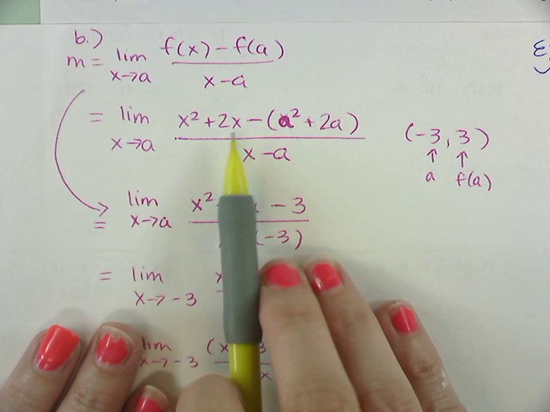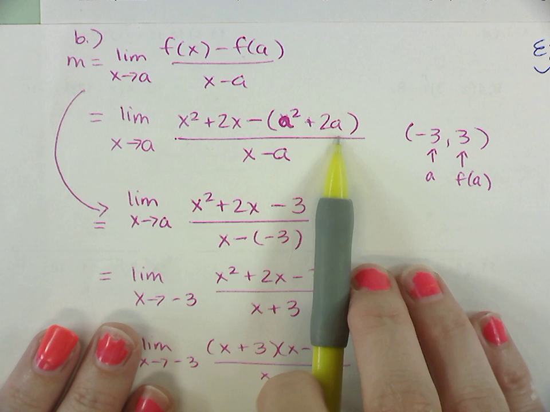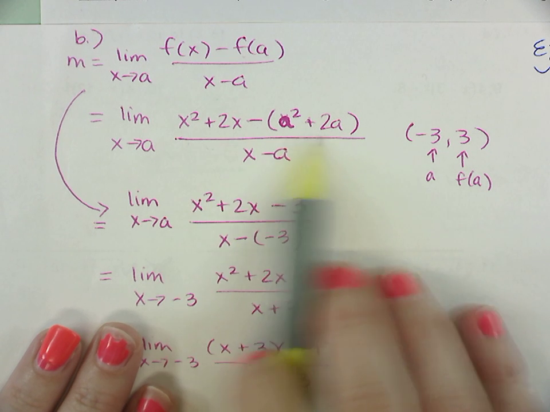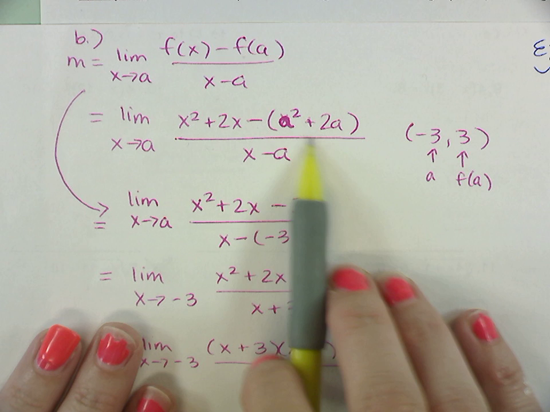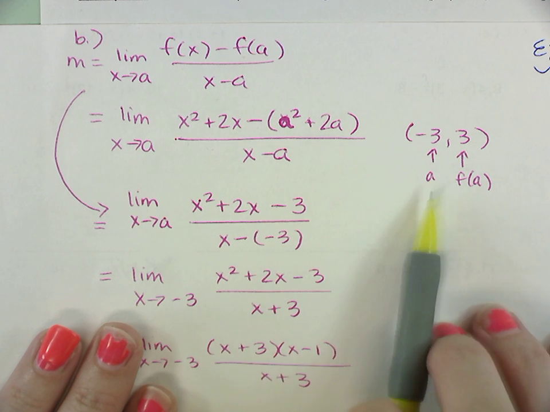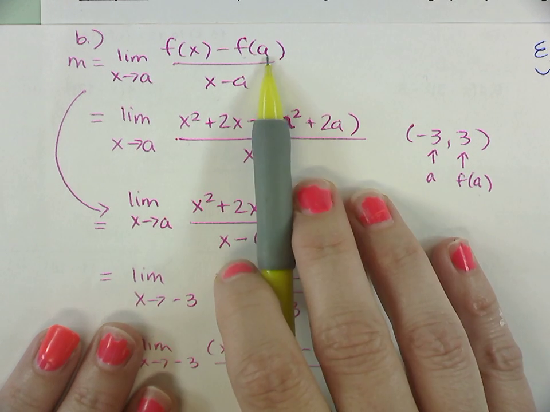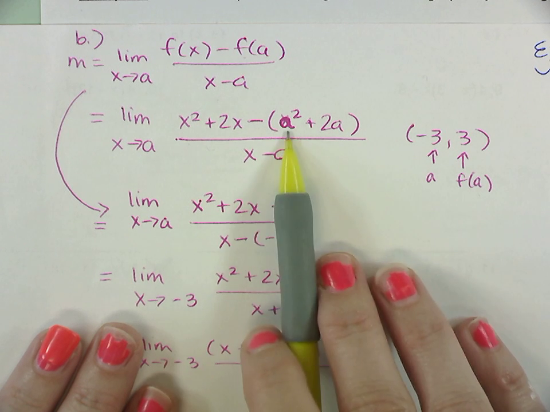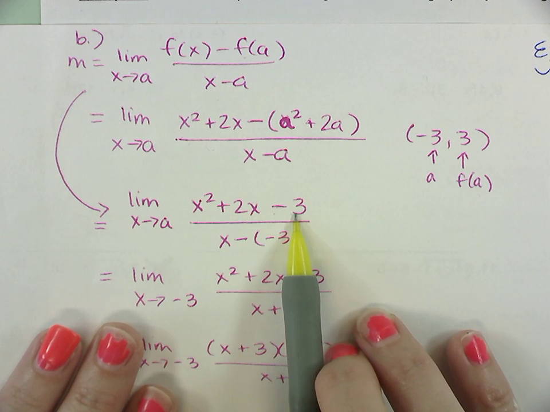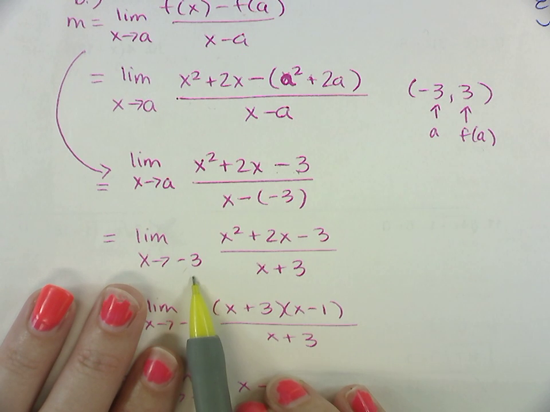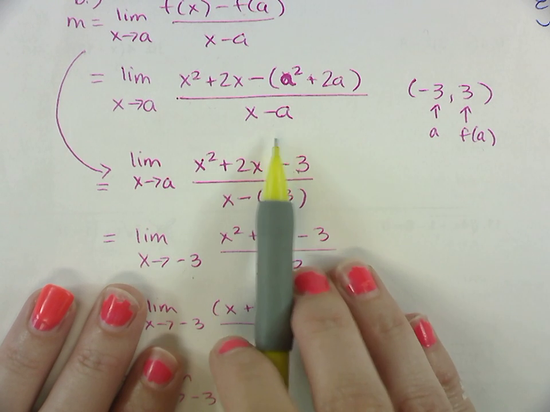Okay. So for B, if you use the same equation, f of x is your given equation. You have a squared plus 2a. See how these aren't going to cancel out? See how nothing's going to cancel out on the top? Okay, so that's why you'd want to plug in these values. So for f of a, let's just substitute in 3. So instead of minus this value, we're just going to do minus 3. And then for a, I can plug in negative 3.